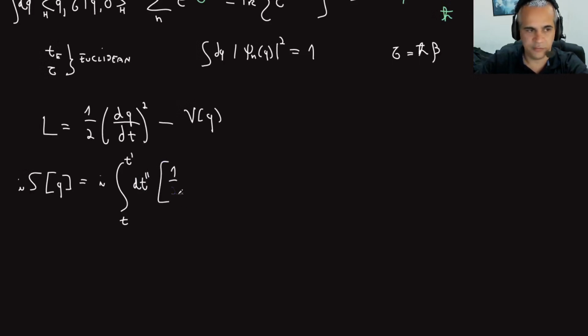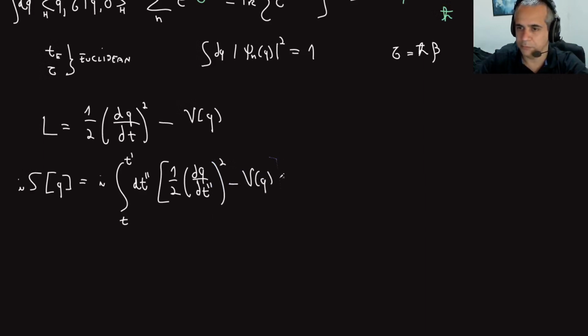And this is half (∂q/∂t'')² minus φ of q. The first thing I can do here is just a simple translation, right? To remove this t and exchange this for an integral then from 0 to Δt, right? This is just translating this variable, changes nothing in the integral.